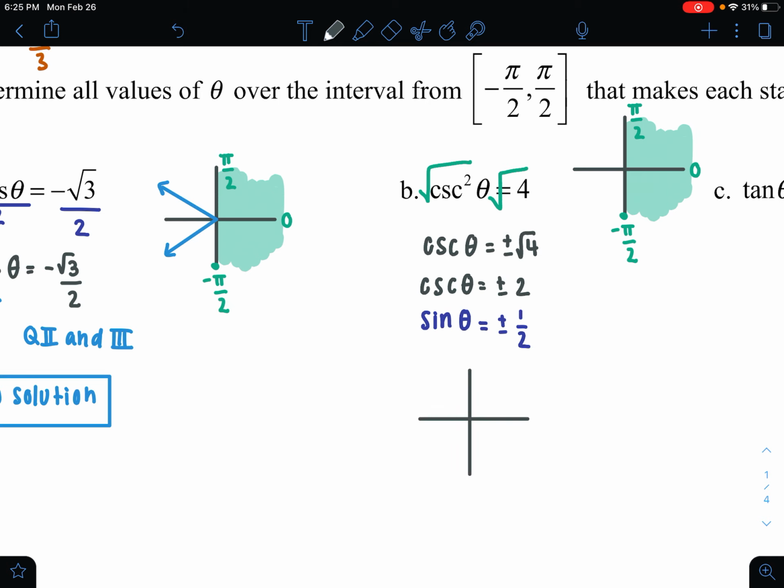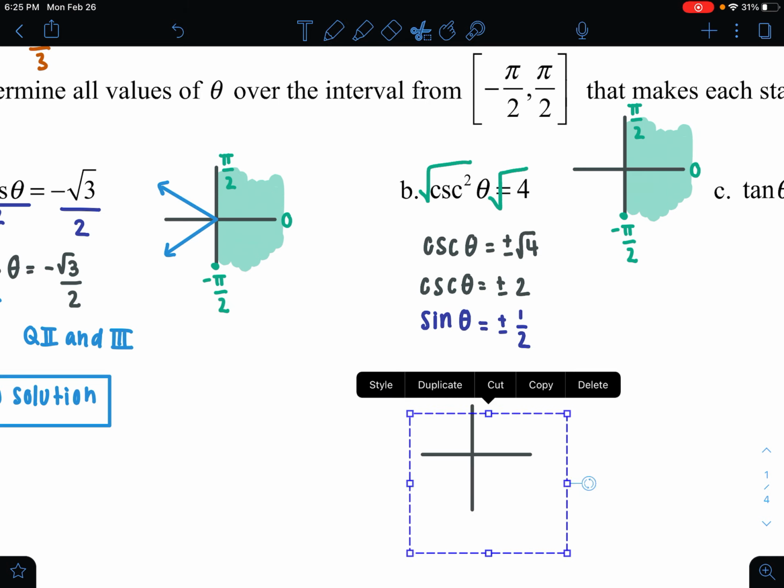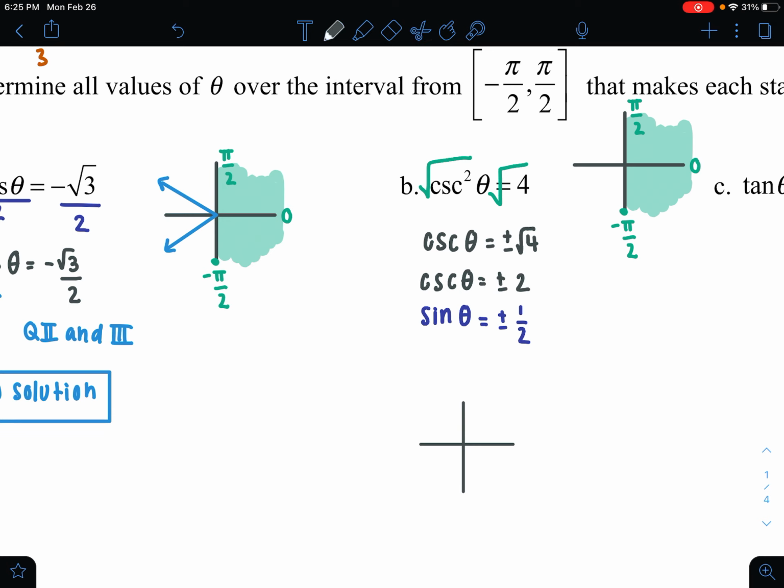So we know that when you have a sine of 1/2, this means a reference angle of pi over 6. So if we're looking at the positives, we know that sine is positive in quadrant 1 and 2.